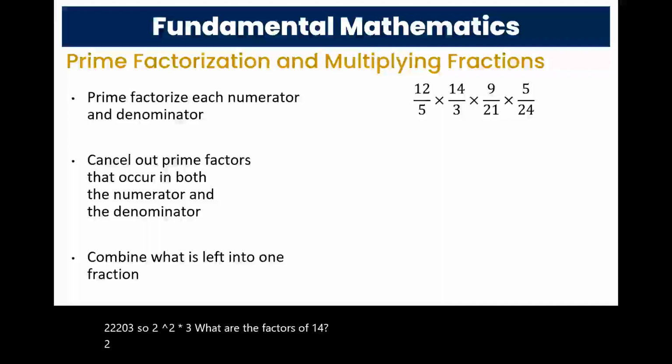What are the factors of 9? It's going to be 3 squared. What are the factors of 21? 3 and 7.